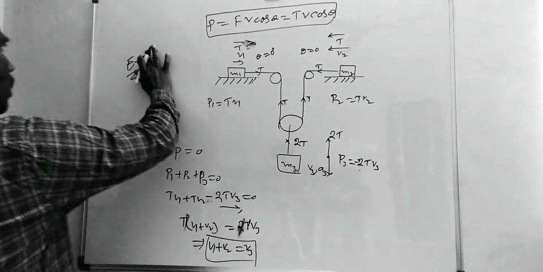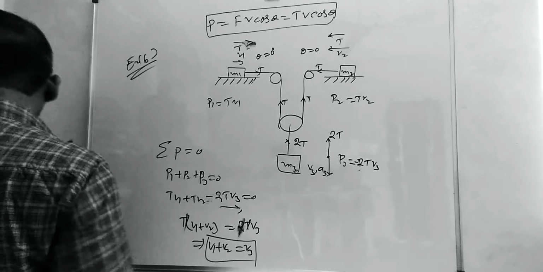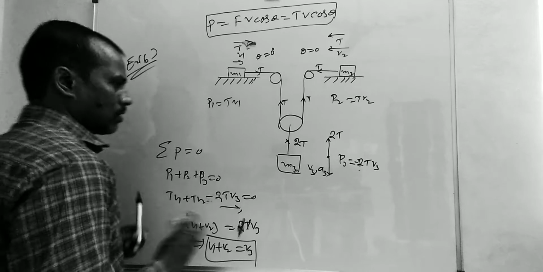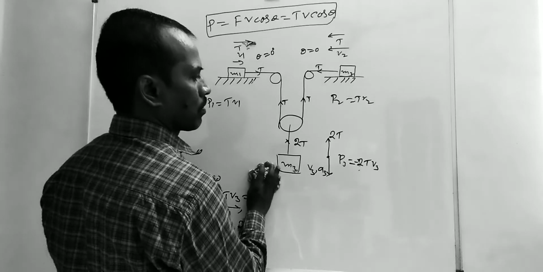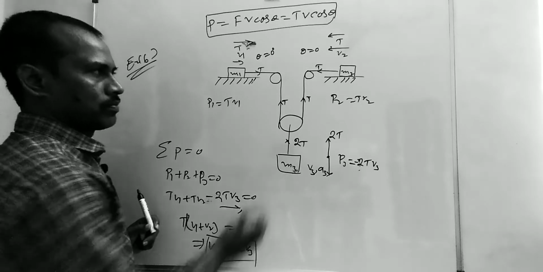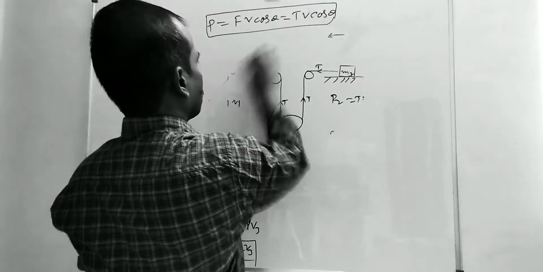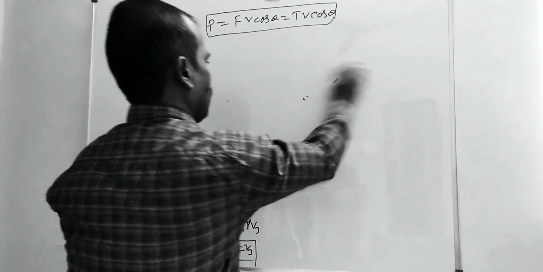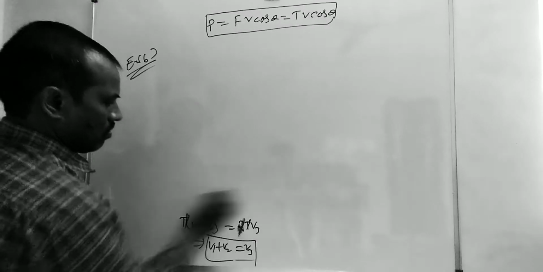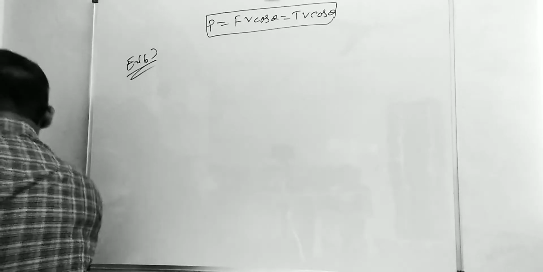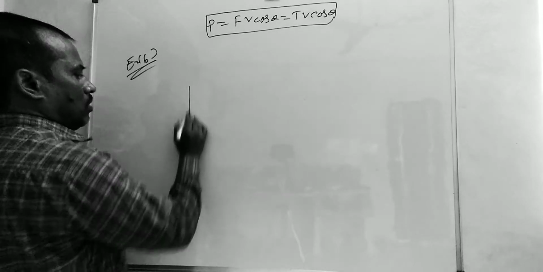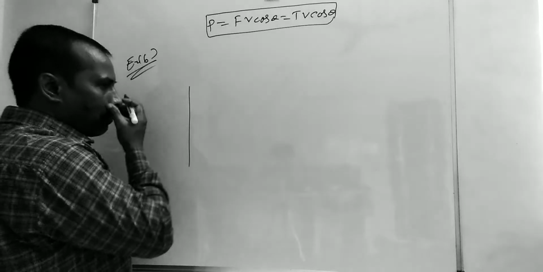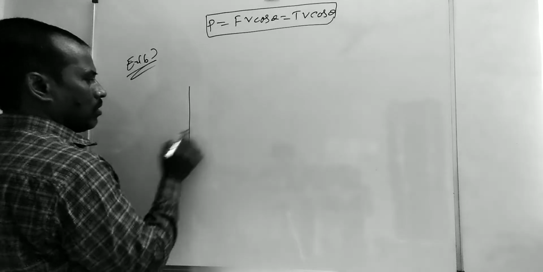Next, example 6. Here this is a pillar, and the ring is fixed to the pillar.